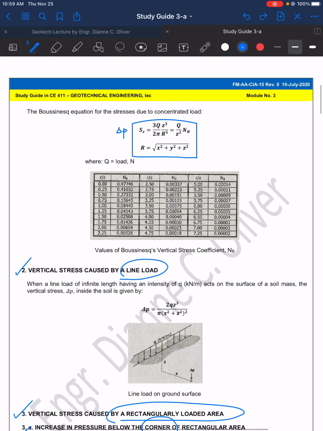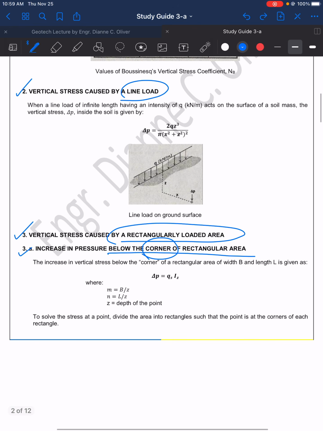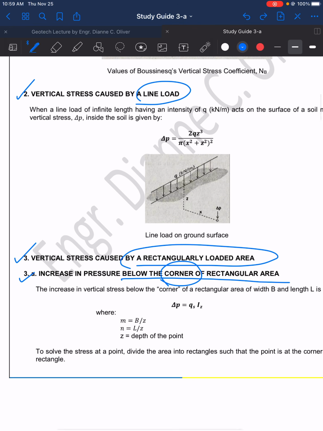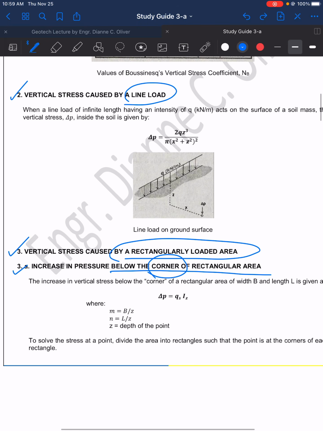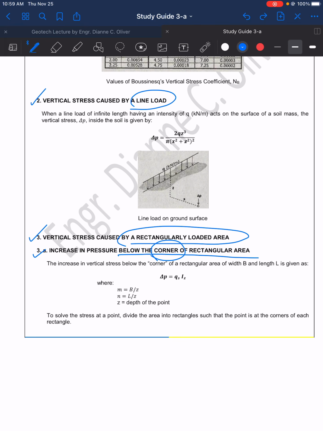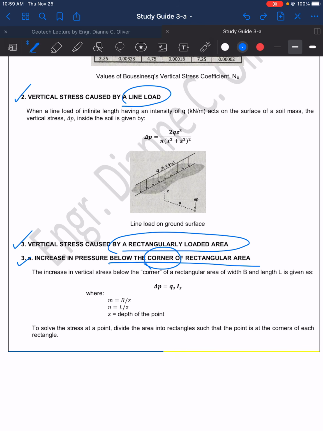Okay? Next, we have number 2, vertical stress caused by a line load. When a line load of infinite length having an intensity of q in kilonewton per meter acts on the surface of a soil mass, the vertical stress delta P inside the soil is given by this formula.